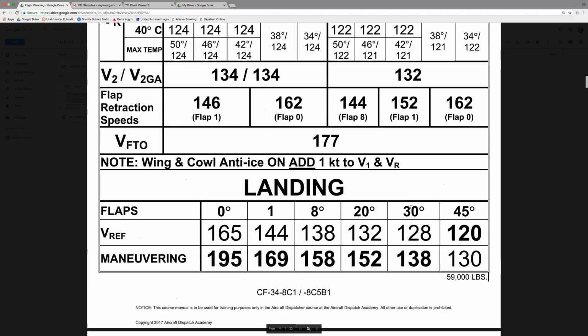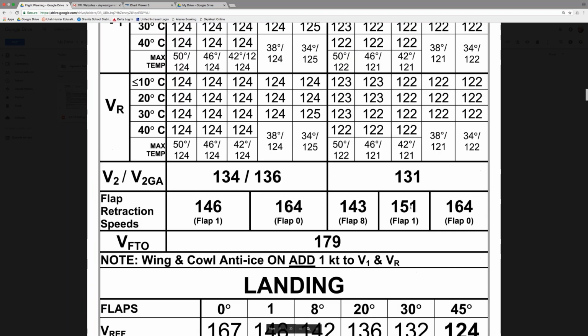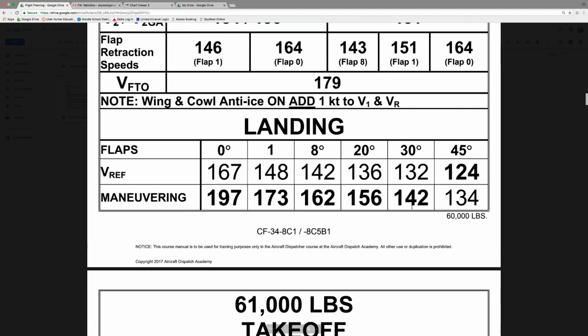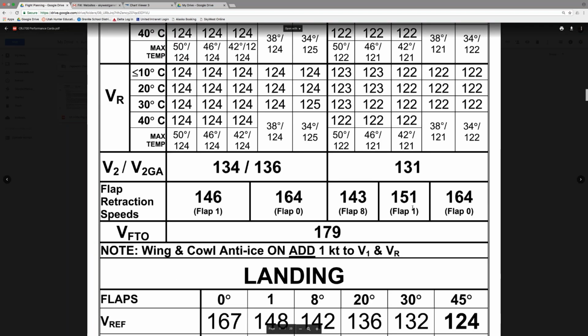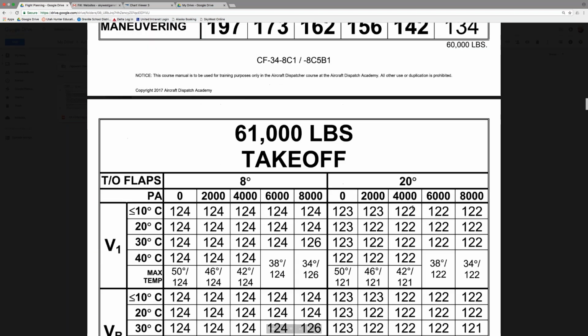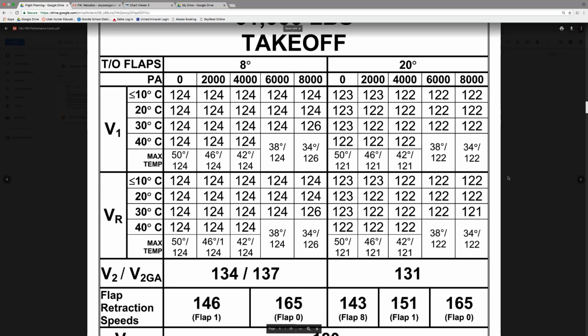So really, I'm just trying to figure out our V1, VR, V2, our flaps retract speed, and our flap setting. As you can see on top of all these charts, it also has a flaps 8 section and a flaps 20, right?